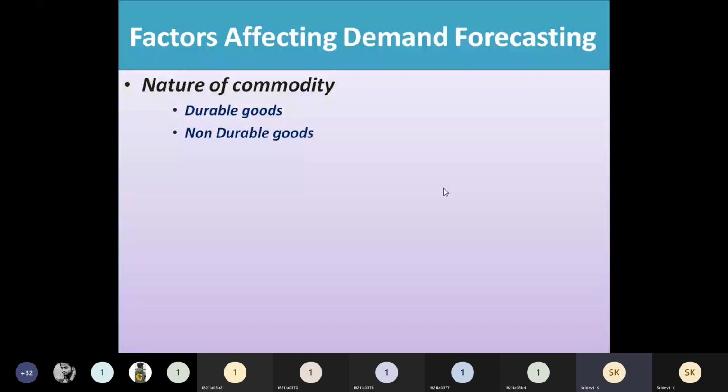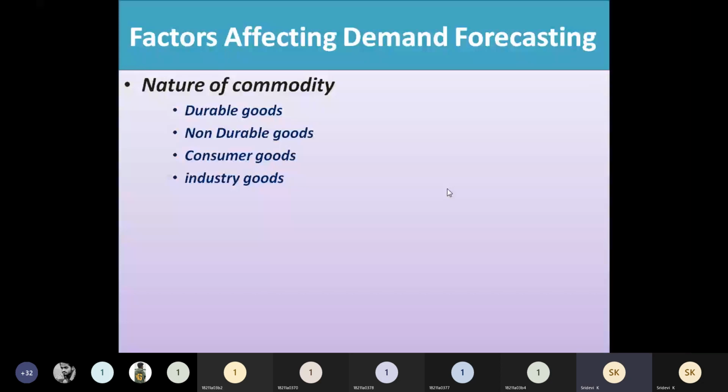Whether that product is having long life or a short life, one day, one week time period, for such products we cannot use a more lengthy process of demand forecasting. So based on your product, you conduct this demand forecasting type, and whether it is a consumer product or industry product. Consumer product means which are going to be ultimately used by that person who is going to purchase the product.